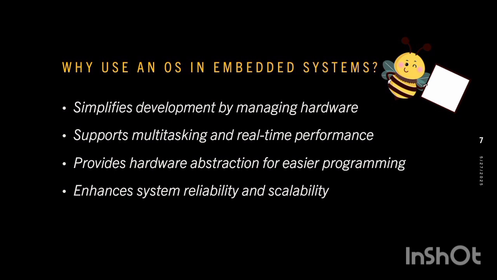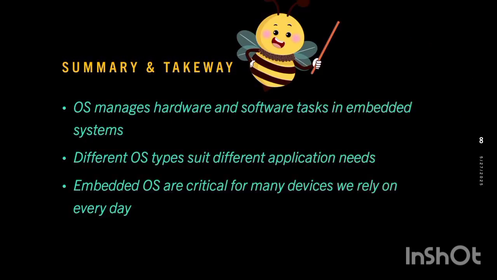So let's wrap up today's discussion on OS. We have seen what an operating system is. Operating systems manage the crucial hardware and software tasks that allow devices to perform their job effectively. Then we have seen different types of operating systems and some examples of OS.